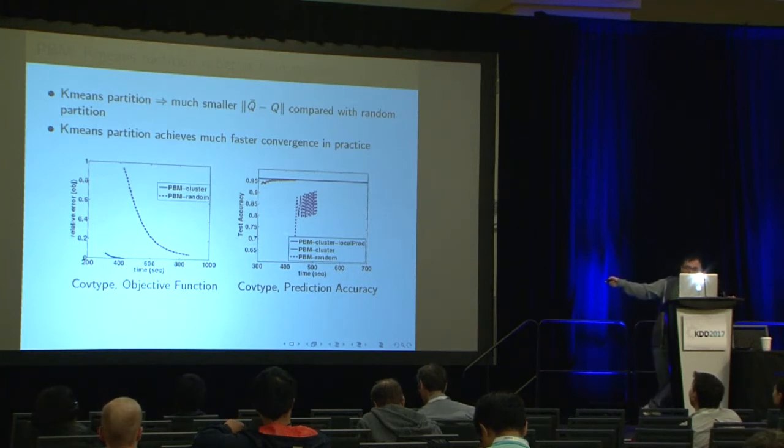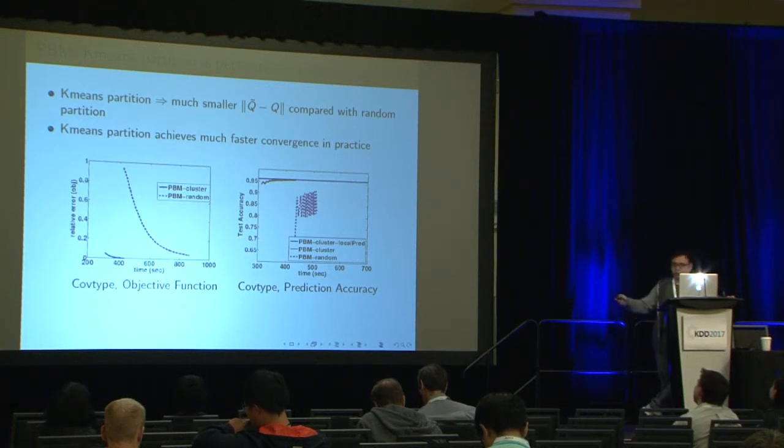And this is an experimental result showing that using k-means partition, the blue curve and the red curve is much better than this purple using random partition. So the difference is very huge. So if you use our algorithm, don't use random partition, use k-means partition.